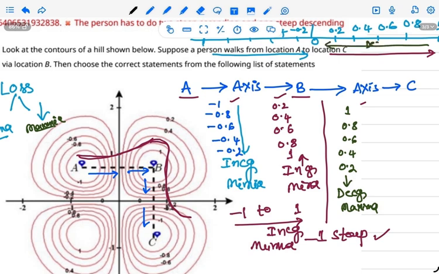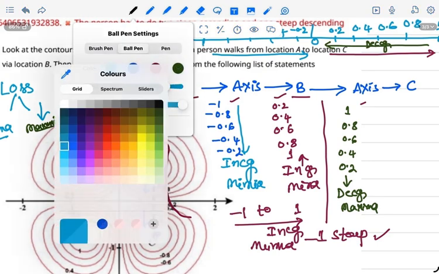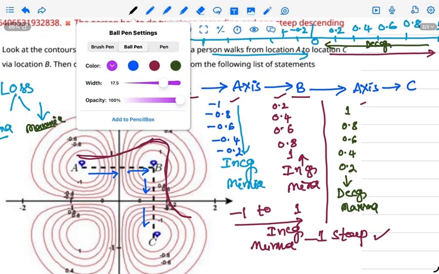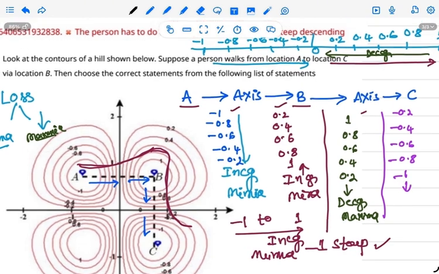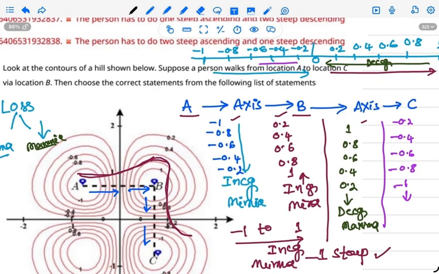These are decreasing. From the axis to C, the values are -0.2, -0.4, -0.6, -0.8 and -1. So these values are also moving from this axis in this direction.